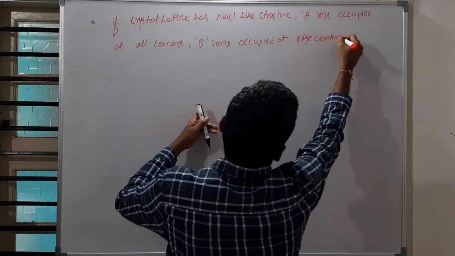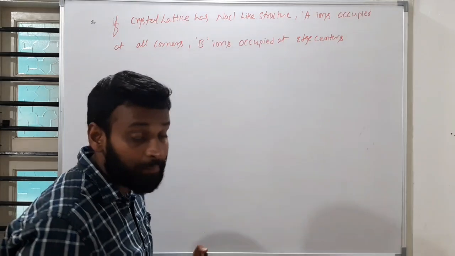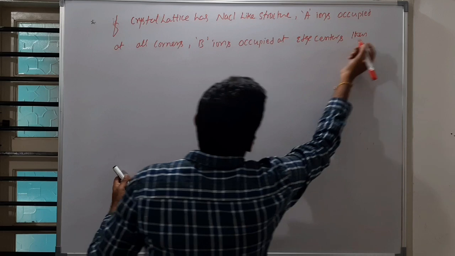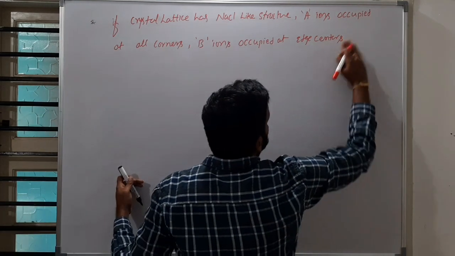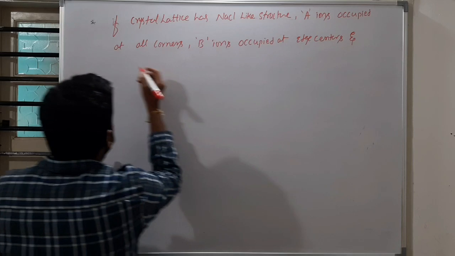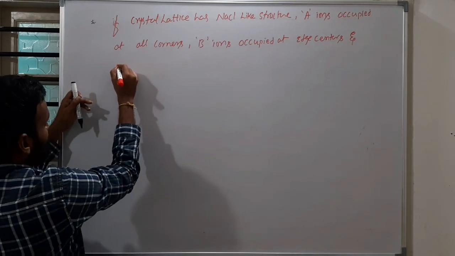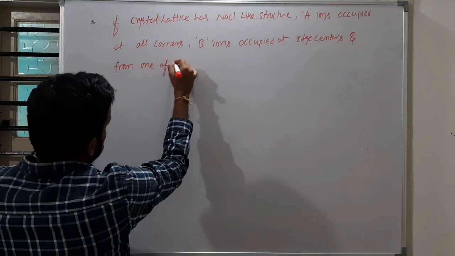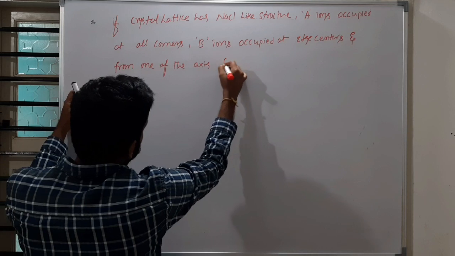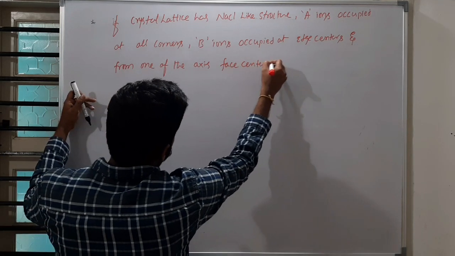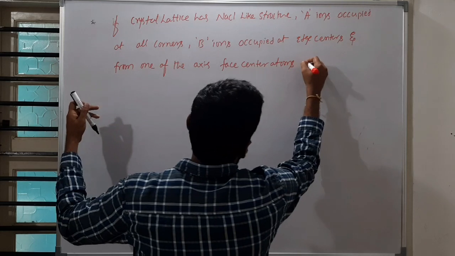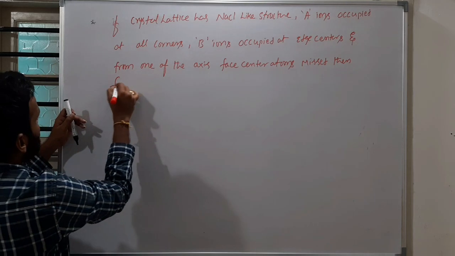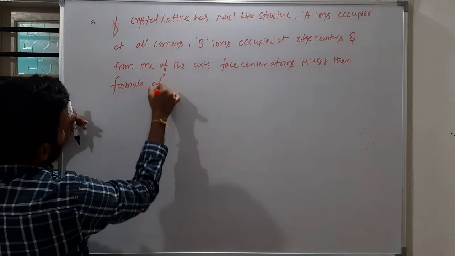At where, sir? Edge centers. B ions occupy edge centers. Then, and one more thing I have to say, if from one of the axes face center atoms are missed, then the formula of AB.